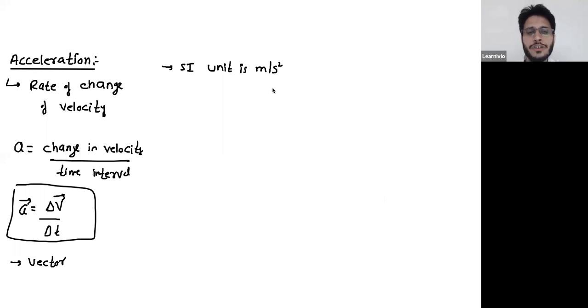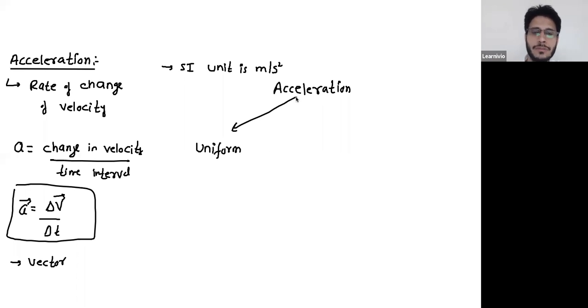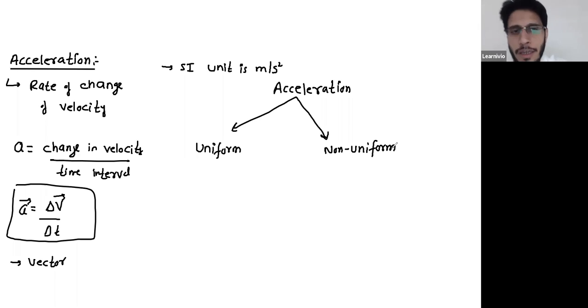Now, just like velocity, acceleration could be uniform or non-uniform. A body can move with uniform acceleration, or the acceleration could be non-uniform. So you can have two types of acceleration: uniform acceleration and non-uniform acceleration. Just note it down, then we'll start with uniform acceleration.